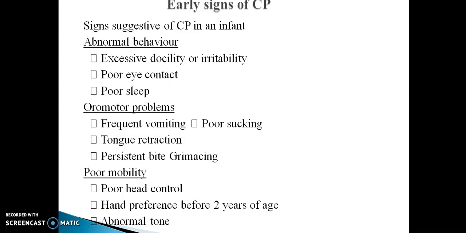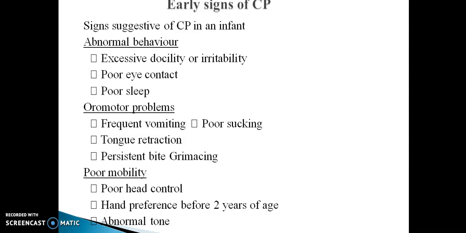Otherwise we will have hypotonic or ataxic cerebral palsy, and the athetoid or choreo-athetosis type. In the athetosis type, there will be involuntary movements; the child is not able to control the movement. There will be abnormal, rhythmic involuntary movements, what we call the athetosis type of cerebral palsy.